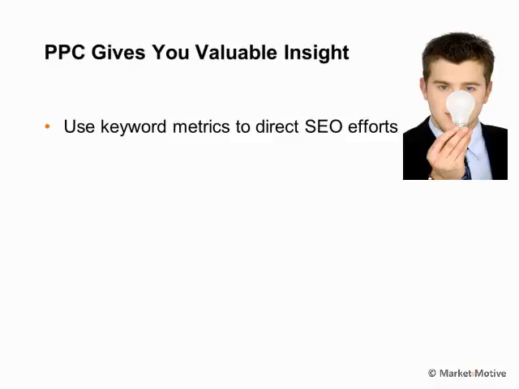Since you get such quick access to conversion data, you can use your paid search information to help direct your SEO efforts. You can test display ads for print media. Since there are display ads, image-based ads, across paid search, if you're going to do print media and you don't want to wait a year to see how your ad did, test out display ads on paid search. Use that information to help determine what your ads look like for print media.